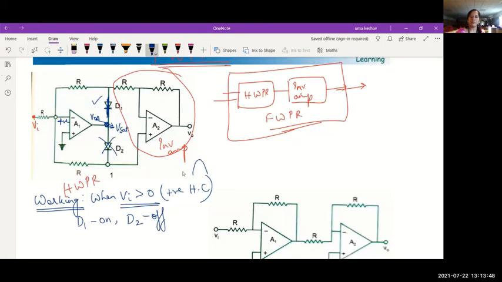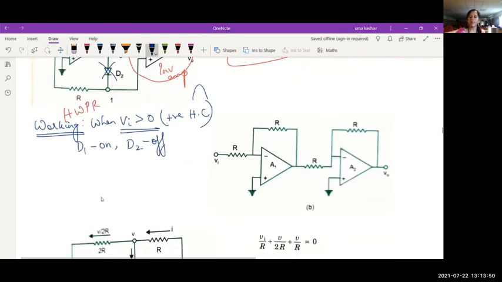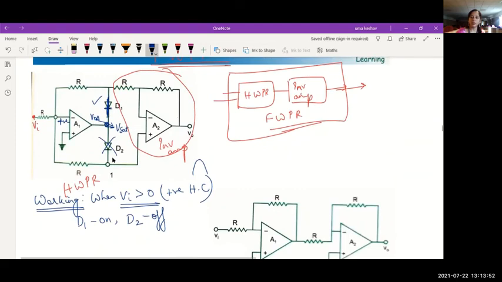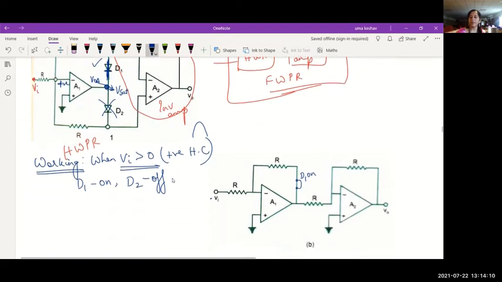What would be the equivalent circuit now? When diode D1 is on, you will see I have Vi through R here, and this R will be shorted to the output. You see R shorted to the output because this diode D1 is on. And since D2 is off, this R will be going to the next stage.